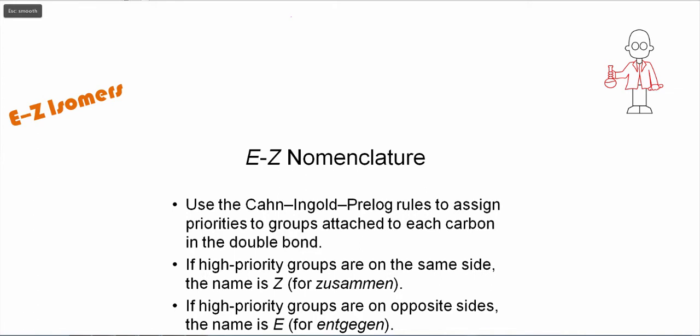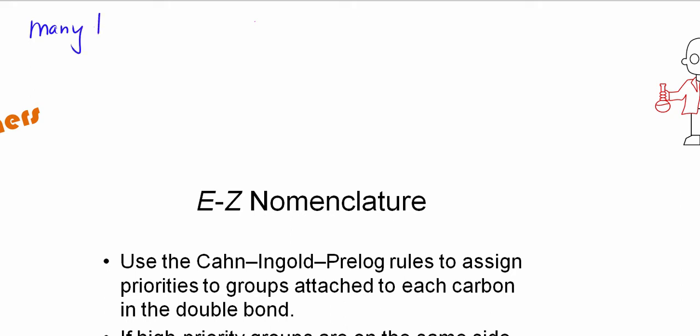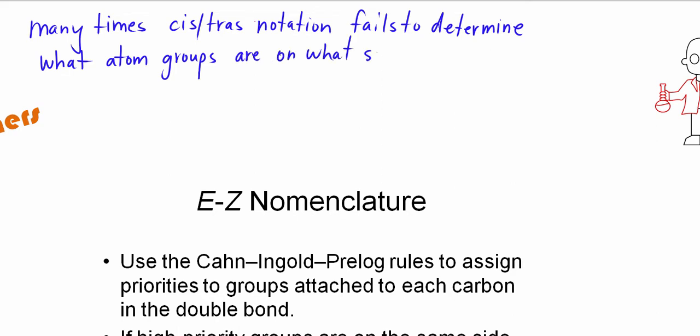So, many times cis-trans notation fails to determine what atom groups are on what side of the double bond.